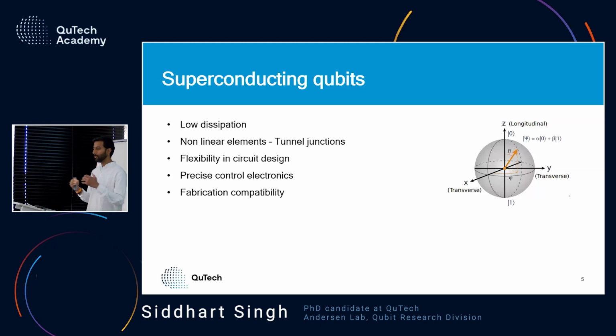What has happened in the classical domain in recent years is that we have gotten better at microwave electronics, which has allowed us to do single photon level control. And finally, the fabrication processes which we use to make these chips are compatible with the current tools and use silicon and sapphire related technologies. So that's also good.